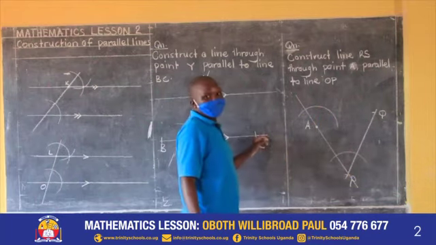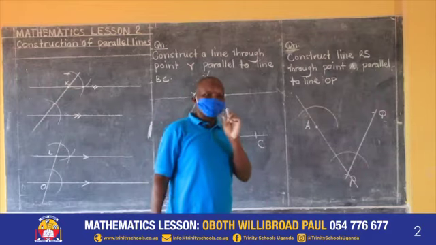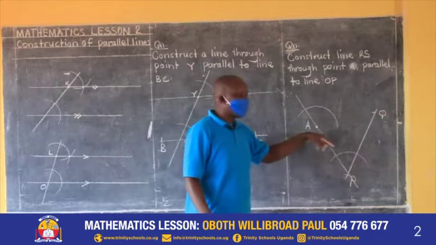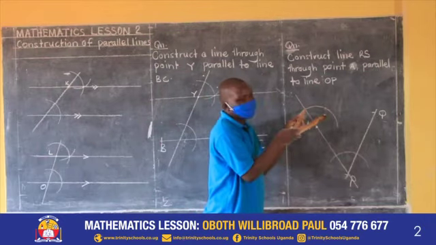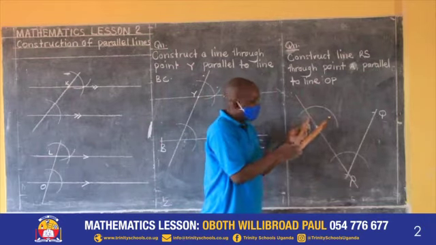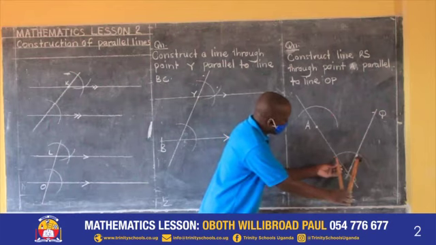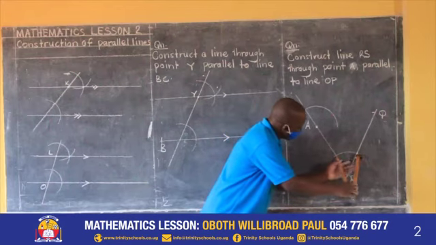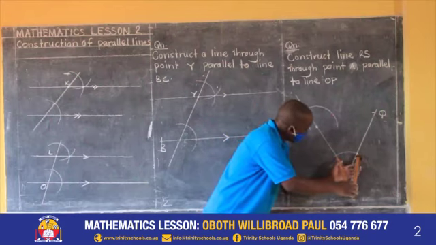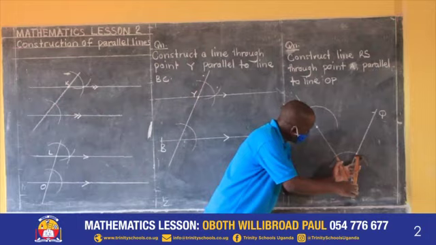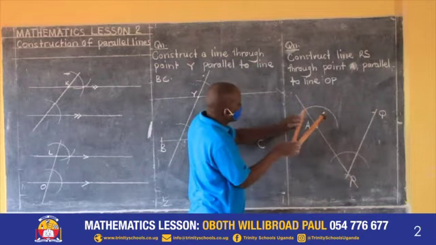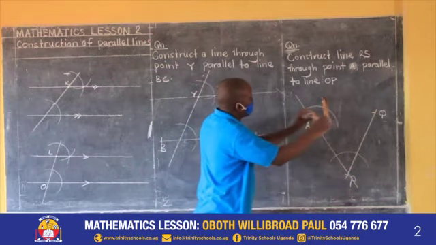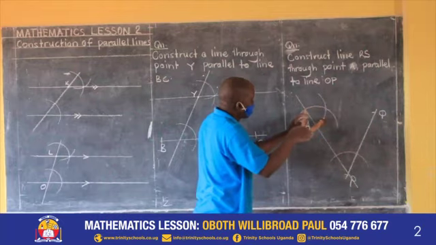Now what people normally forget is that after getting this arc, they do not come back to measure here. They just come here and do this. That will be wrong. Come and take this measurement here. Fortunately or unfortunately, this one is almost the same. So after getting that, that's when you come here and draw that arc.